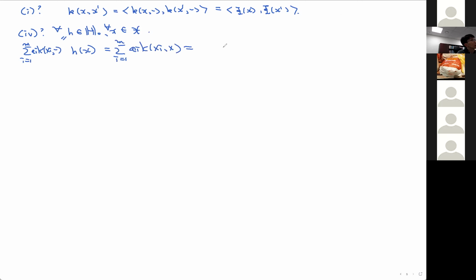But now by the definition of the inner product, this is the same as the inner product of h and k(x, ·). That is exactly <h, Φ(x)>. So that concludes the last property. So we are done here.